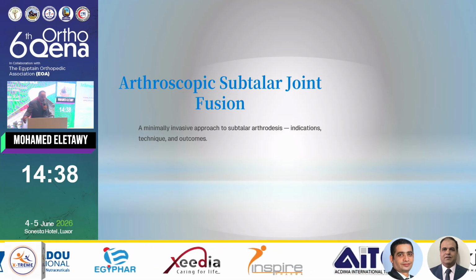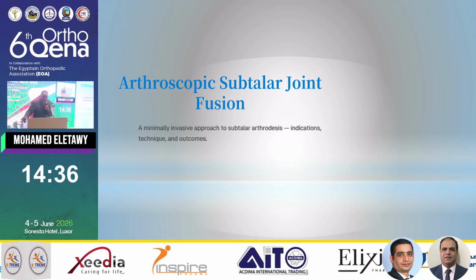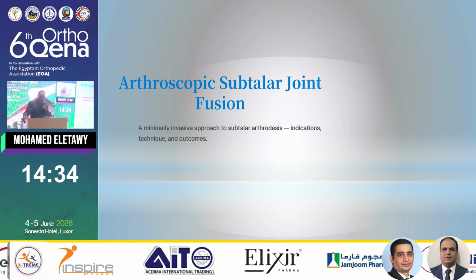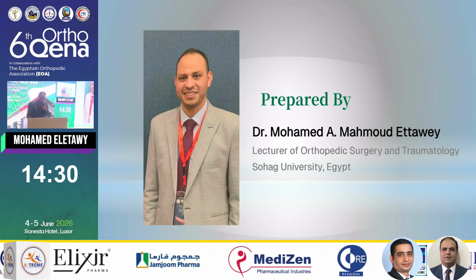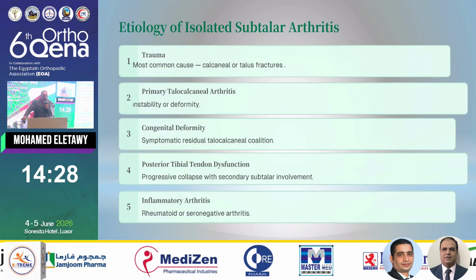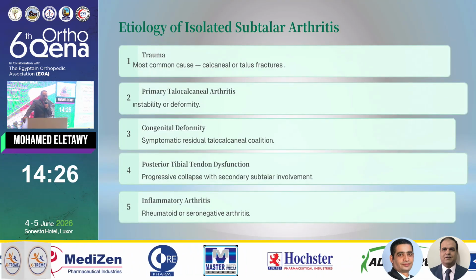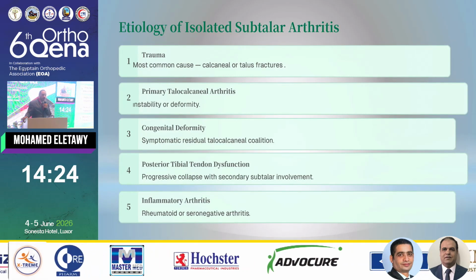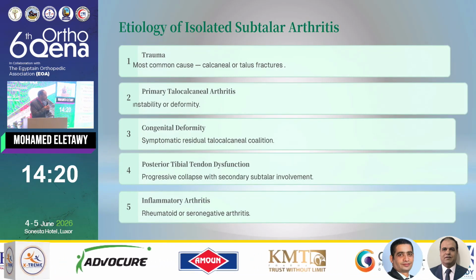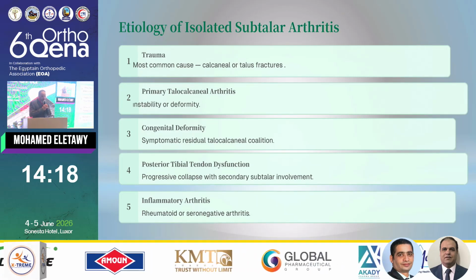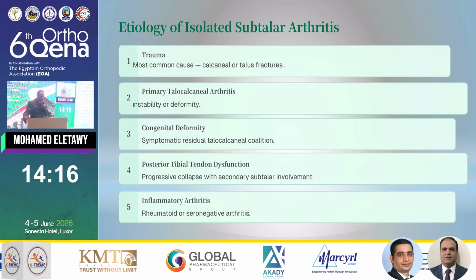Arthroscopic Subtalar Joint Fusion, a minimal invasive approach to subtalar arthrodesis: indication, technique, and outcome. Isolated subtalar arthritis. The main cause of subtalar arthritis, all of us know, is trauma, either calcaneal fractures or lateral fractures in Hawkins type 2.